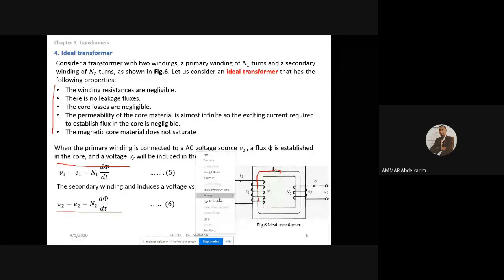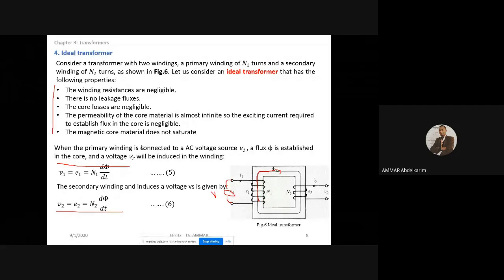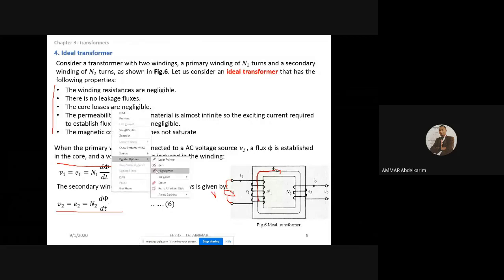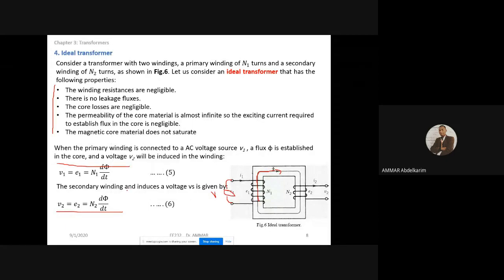So this is the principle of operation of the transformer. I will repeat. The voltage of the source will create a flux in the core. Then this flux, when it is transferred to the secondary, will create another voltage. It is the same flux that is transferred from the primary to the secondary, but the difference in the amount of voltage of the primary and the secondary depends on the number of turns.